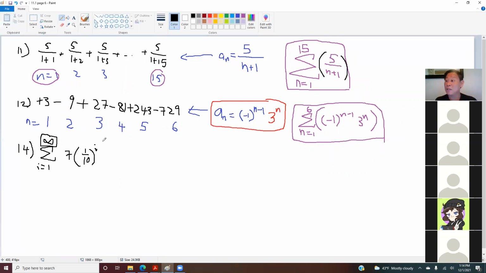So that means you keep on adding. Now, the good news is the 7. This 7, you can take it out, because the summation notation says if you have a constant, you can take it out. So you still need to find what this one is.